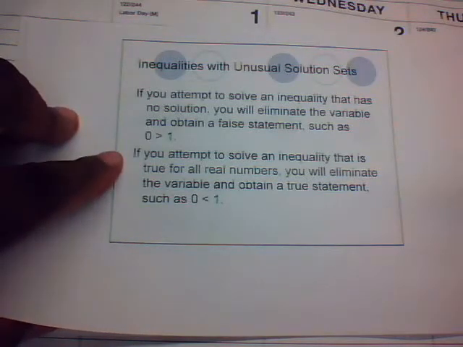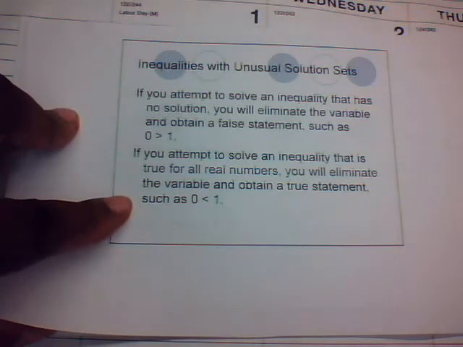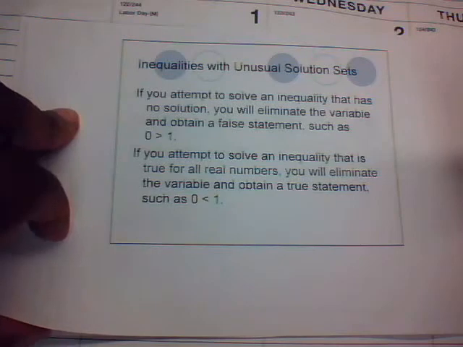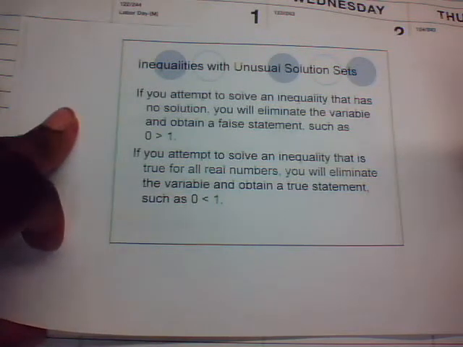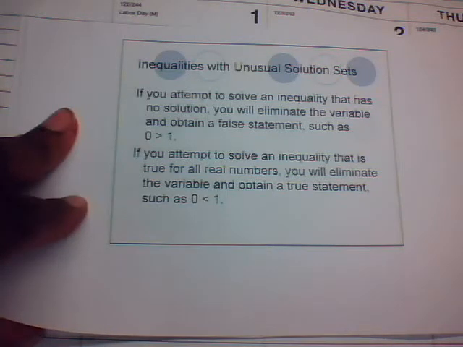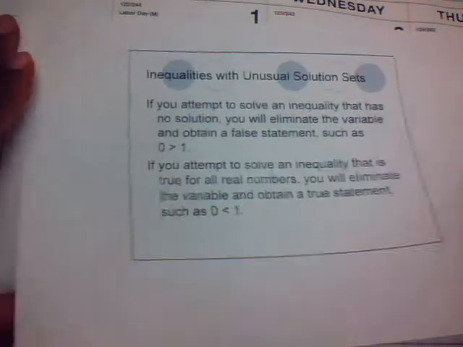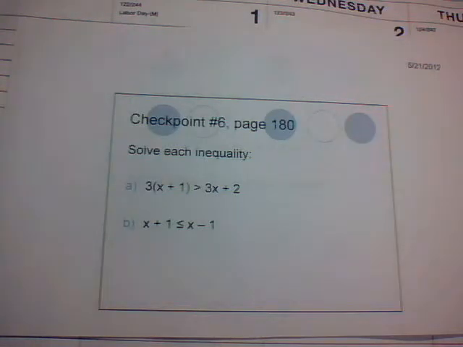Or if you attempt to solve an inequality that is true for all real numbers, you're going to eliminate the variable and obtain a true statement like 0 is less than 1. So you might get a situation where your inequality may have no solution, or it might be the set of all real numbers. And here's a couple of examples that are just like that.